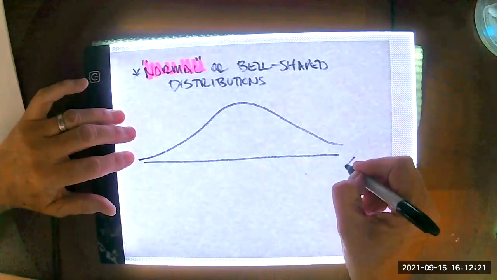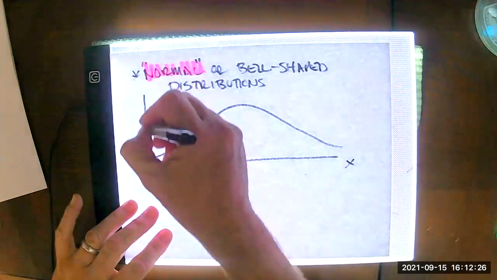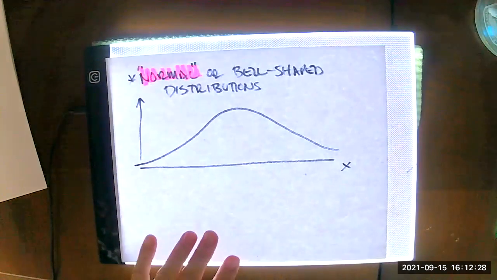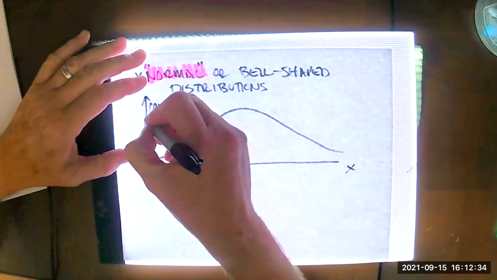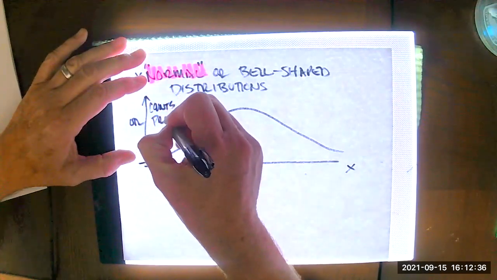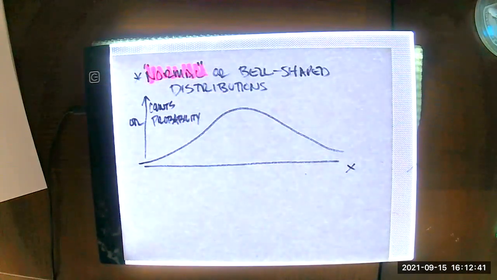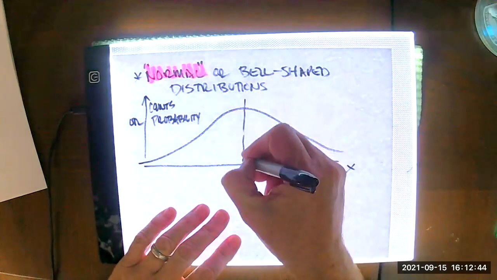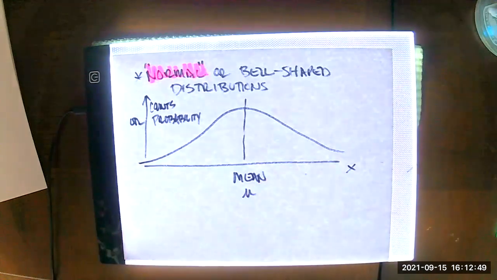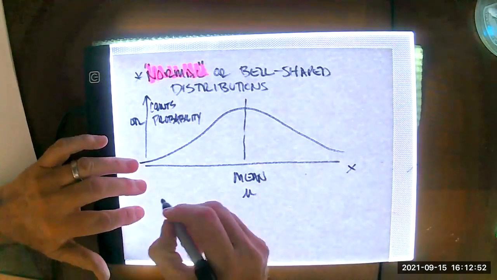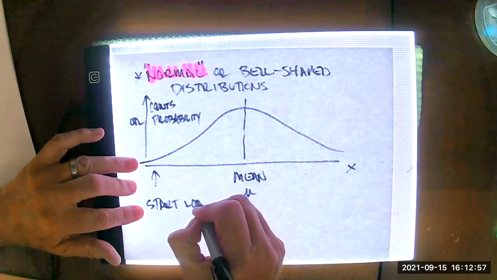There's your bell-shaped distribution. Your variable x, whatever you might be measuring, is along the horizontal axis, and then you've got a couple of things along the vertical axis. Right now, I'm just going to talk about counts or probability. We actually make do with either one or the other in most cases. The value right here in the middle is the mean mu. And you can see that the scores start low.